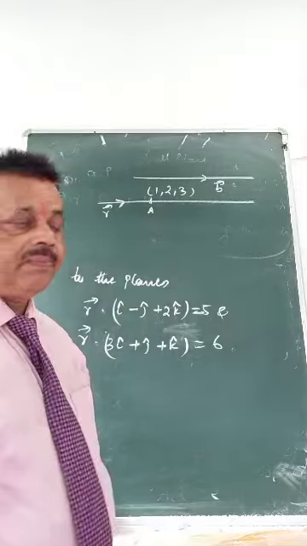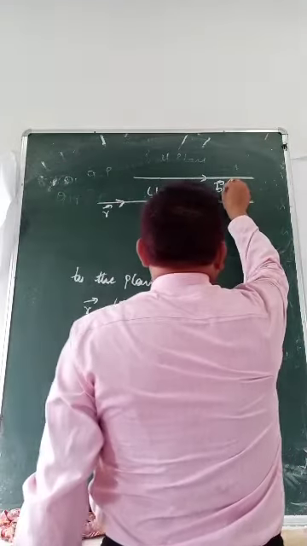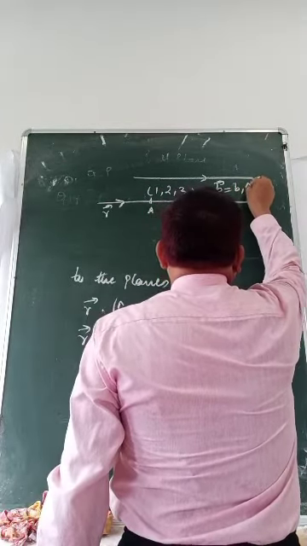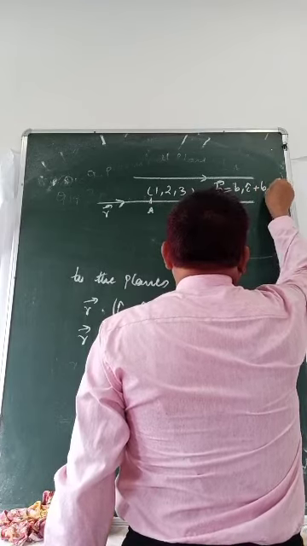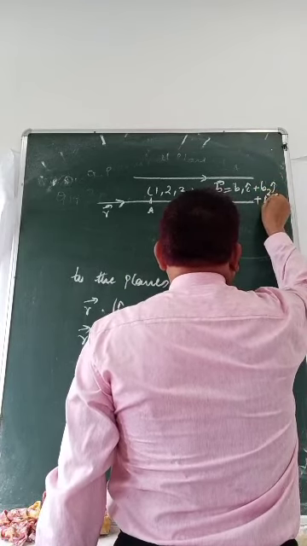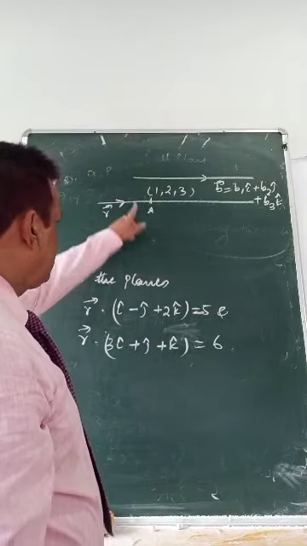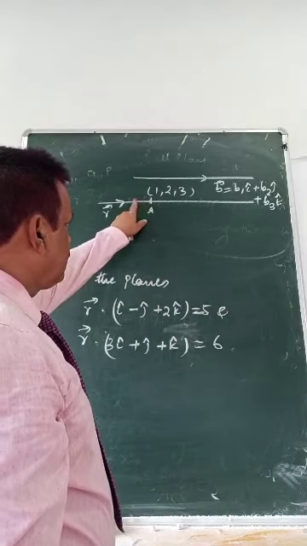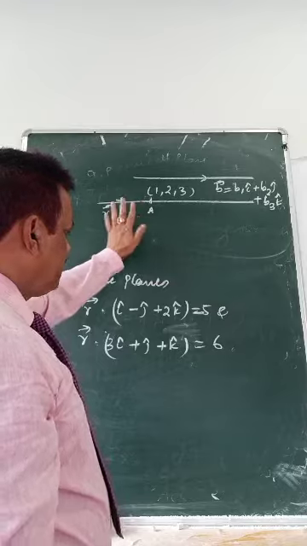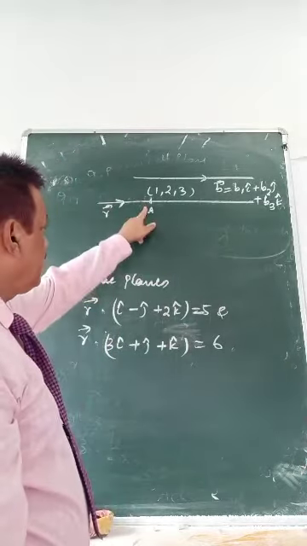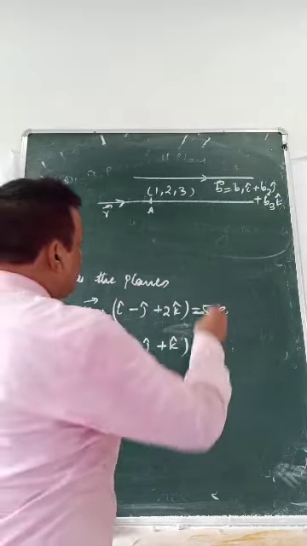So b is what? b1 i, b2 j, b3 k. So what is the equation of this line now? Before that, let's see. This line is parallel to a plane. There is a plane here.